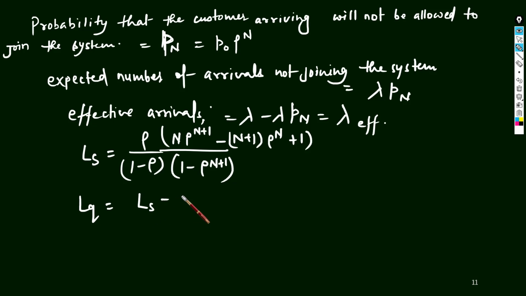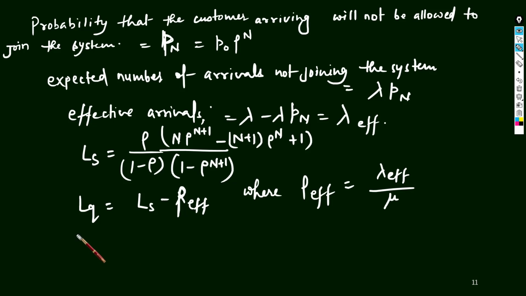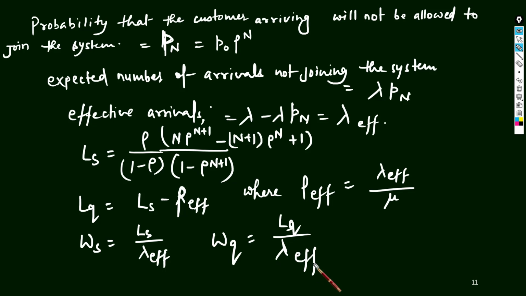LS minus rho effective, where rho effective will be equal to lambda effective by mu. What is WS? WS is equal to LS divided by lambda effective, and what is WQ? WQ is LQ divided by lambda effective. So these are the expressions we have to remember.